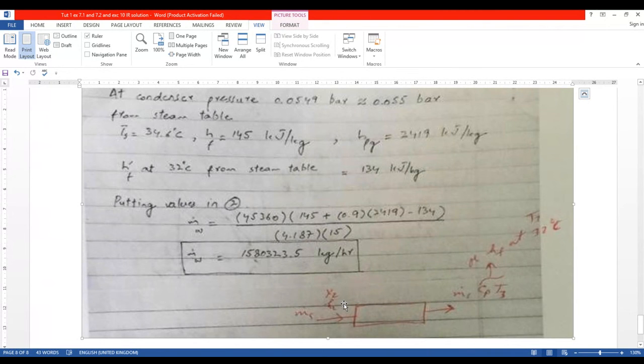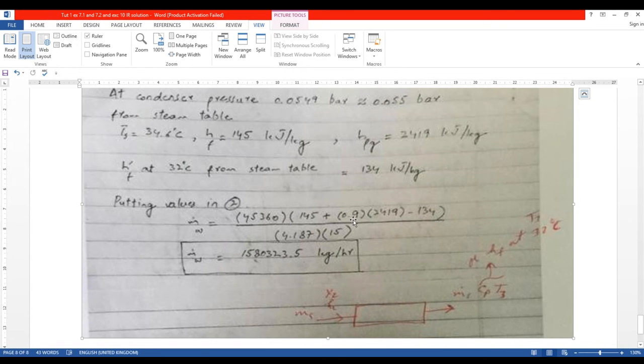We find HF and HFG at the pressure of the condenser, 0.0549, approximately 0.055. So HF will be 145 kilojoule per kilogram, and HFG is 2419, from the saturated steam table.